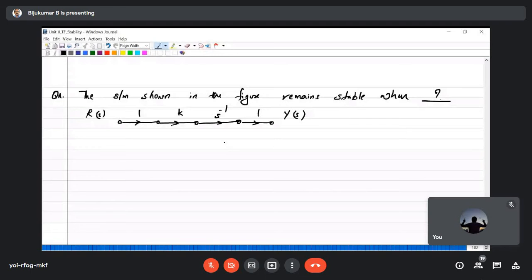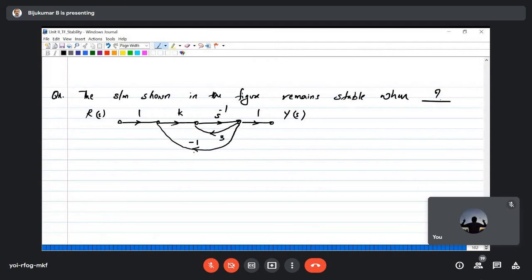It's like this. Gain is 3. So this is the given system.